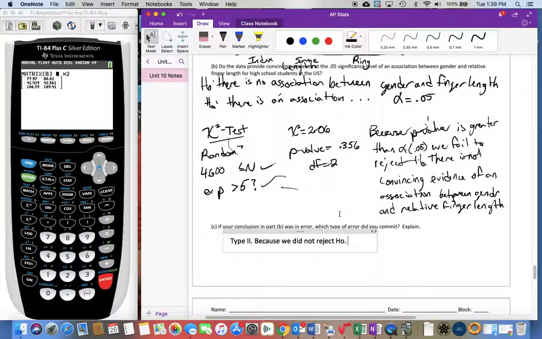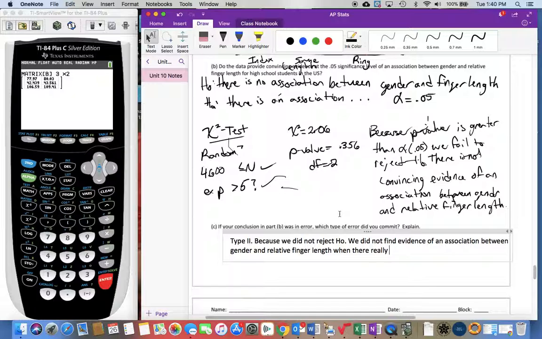As far as what a type 2 error would be, that would be to say that we did not find evidence of an association between gender and relative finger length when there really was an association.